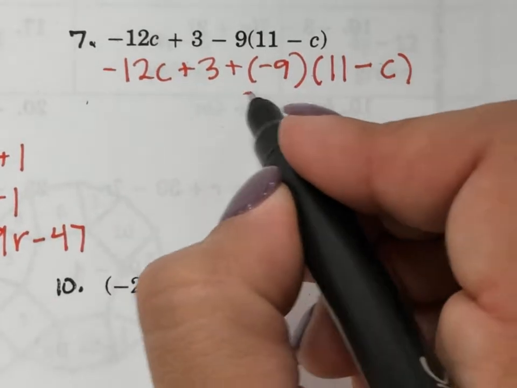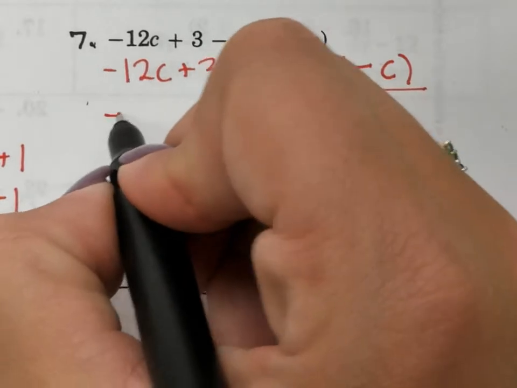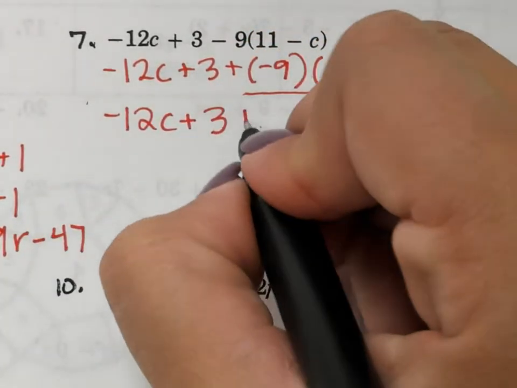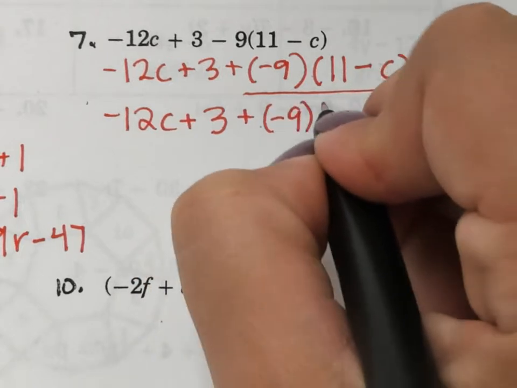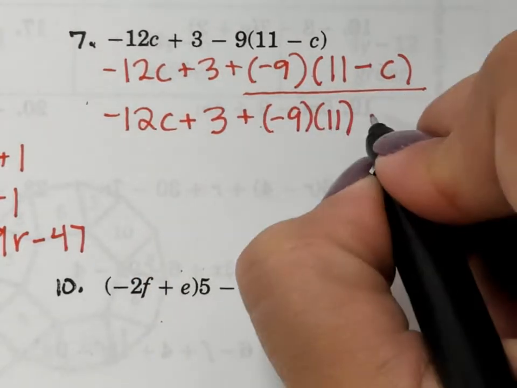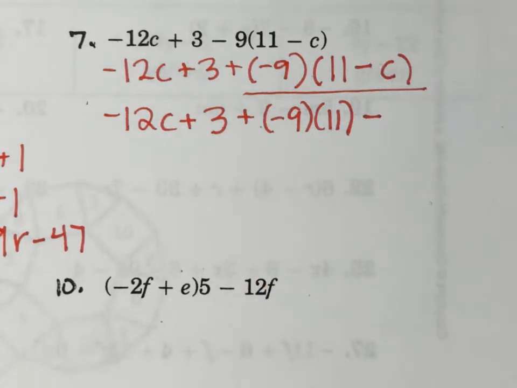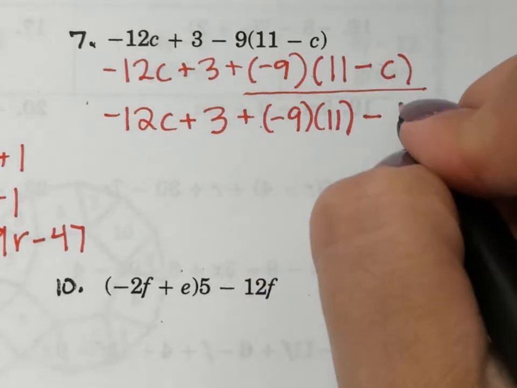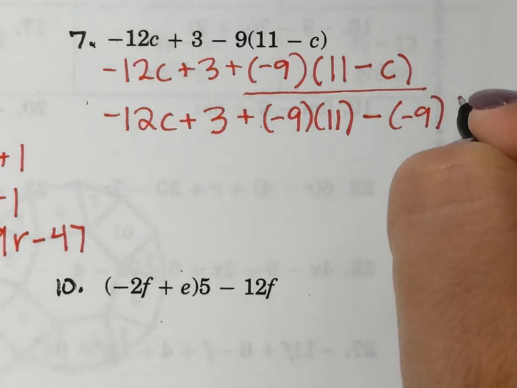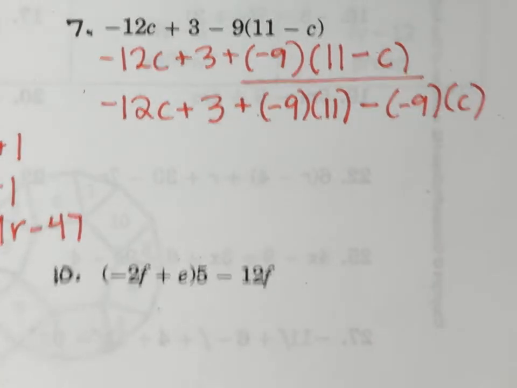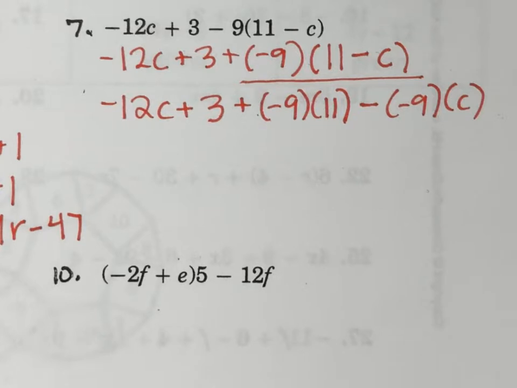So now I need to do my distributive property. So I have negative 12c plus 3 plus negative 9 times 11 minus, because I'm keeping my minus sign that's inside my parentheses, negative 9 times c. Now I need to simplify a little bit.